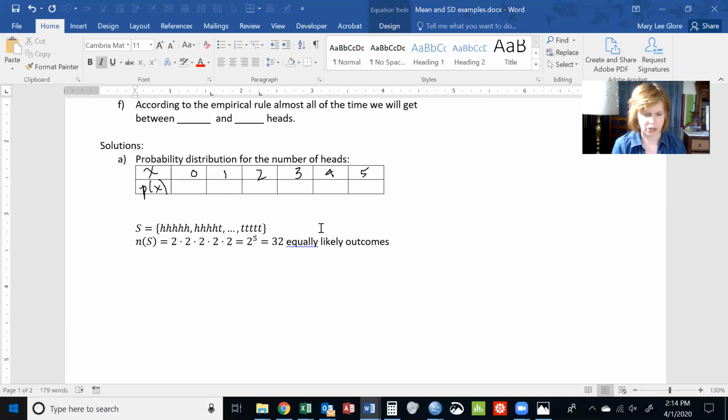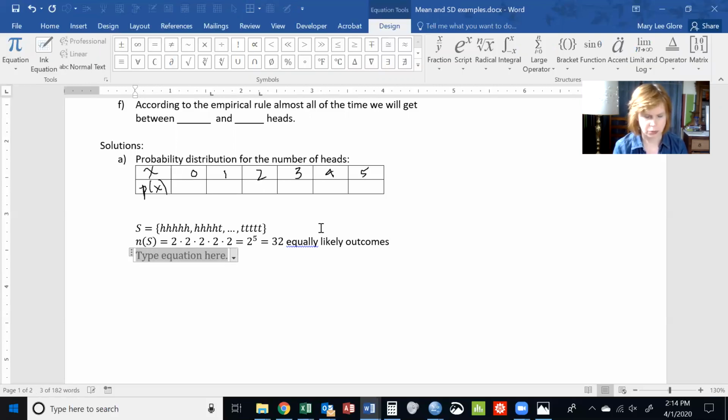All right, so since they're equally likely, what's the probability of each one? Well, the probability for each one of those would be 1 over N of S. Now this is only true when they're all equally likely, but it is true here. So this is going to be 1 over 32.